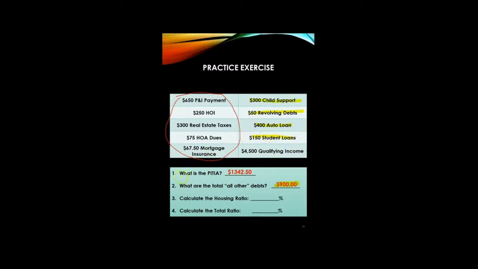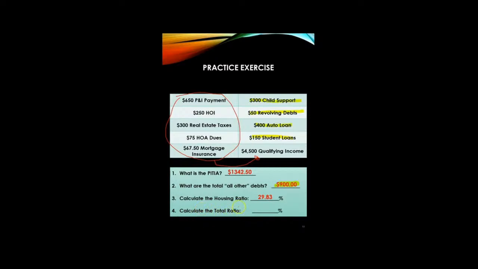Calculate the housing ratio. Well, my ratio is 29.83 to be exact. And how do we get to that? We're taking all these and then dividing it into this. And that's how we get the 29.